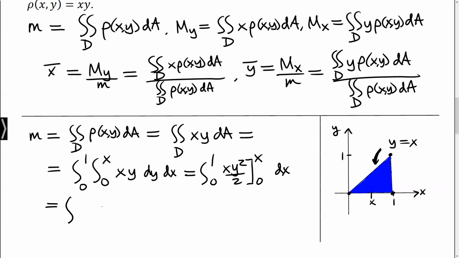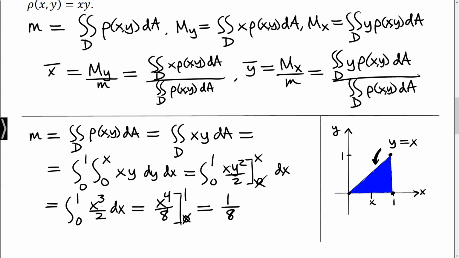So that's the integral from 0 to 1 of x cubed over 2 dx, which is going to be x to the 4th over 8, from 0 to 1, which of course is 1/8. So that's the total mass. So the mass is 1/8.